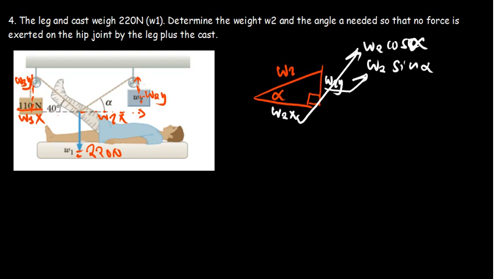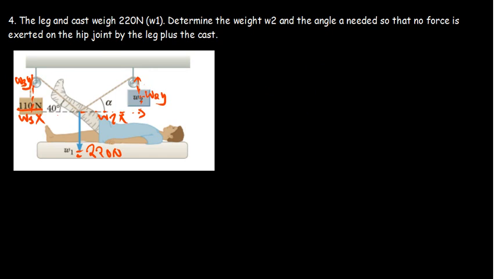The same applies to the other one. We're going to apply those, so we can just write them here. W3y is going to be W sin theta, and our W is 110 sin 40.